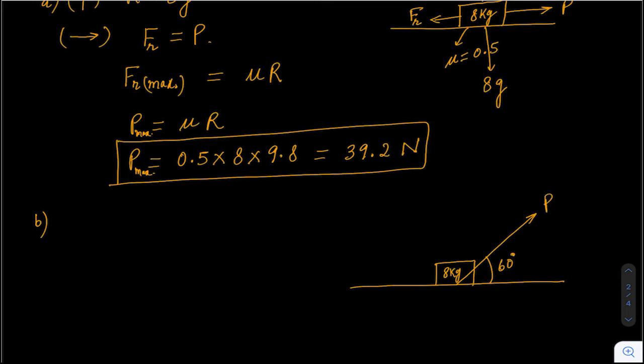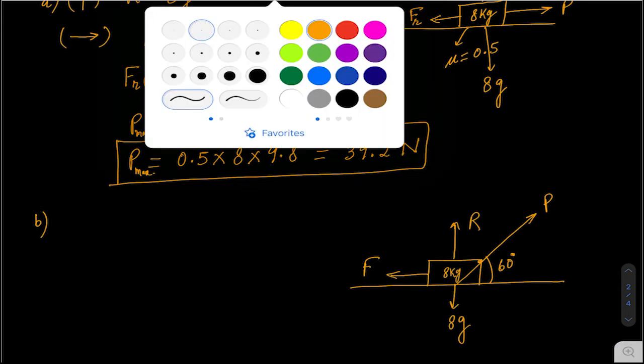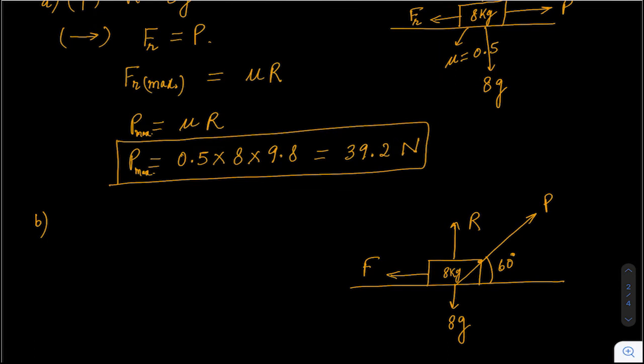So this is my P. Now, friction is acting in this direction. Again, this is my normal reaction R. This is my mg, 8g. Okay, so this is our diagram.